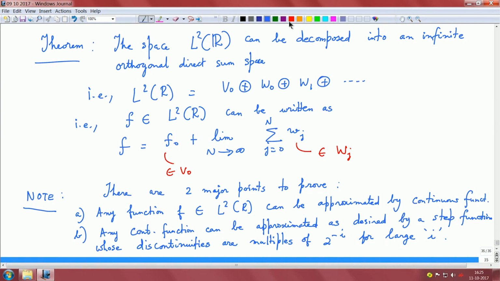This is very important. That means you have some metric for the error tolerance that you have to account for in terms of some norm by a step function whose discontinuities are multiples of 2 power minus I for large I. So, I will leave this as something to ponder upon.